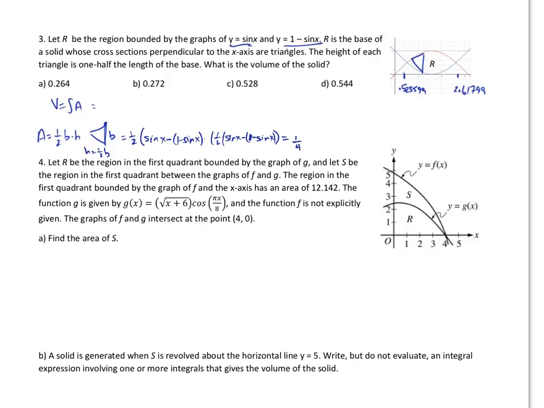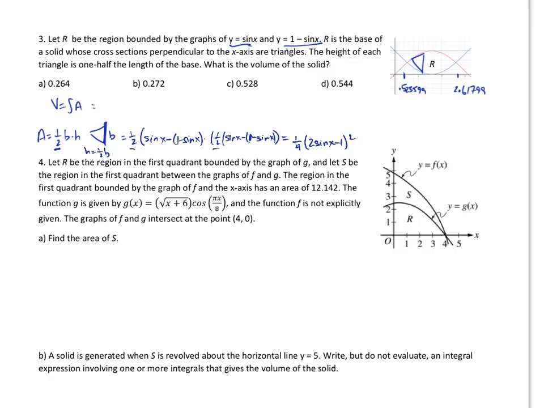Now combine all the like terms, do all the math in between there, and you end up with 2 sine x minus 1 squared. So the 1/4 here, it's just 1/2 times this 1/2, because it's half a base. So we have the 1/2 out in front, half a base, and we have the height. Okay, so this ends up being, that is correct.